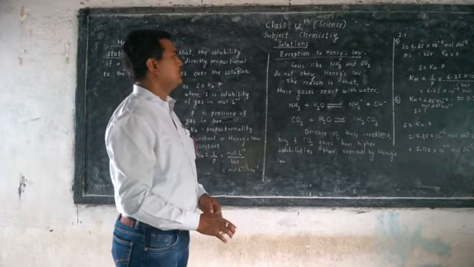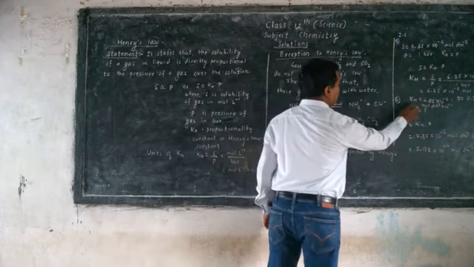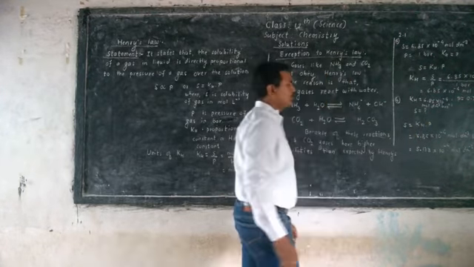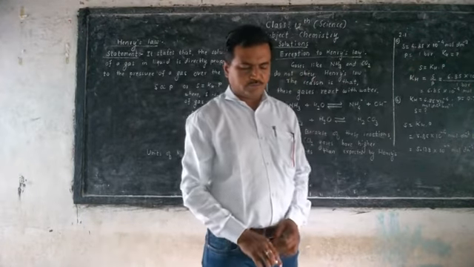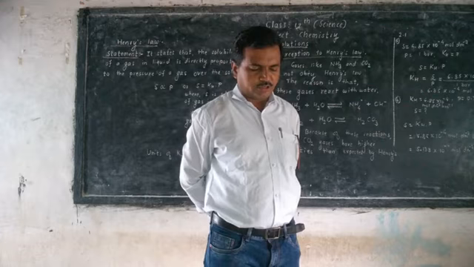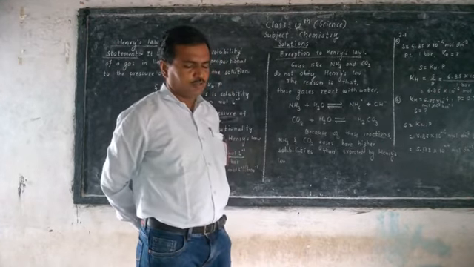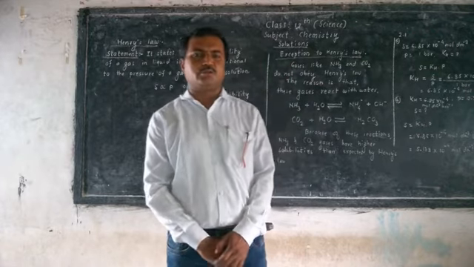In the second problem, from Henry's law constant we found the value of S, or molarity. Both are the same. In this way we can solve problems on the basis of Henry's law. Thank you.